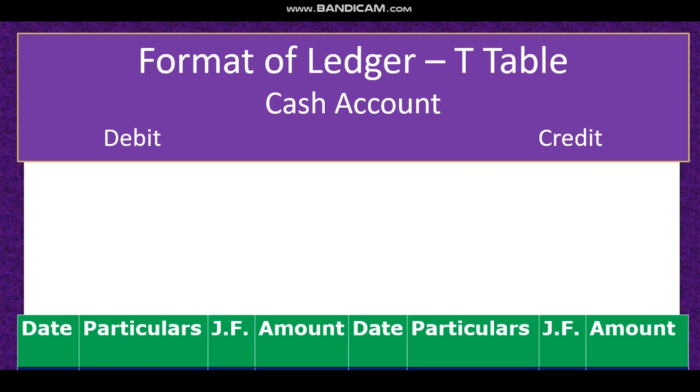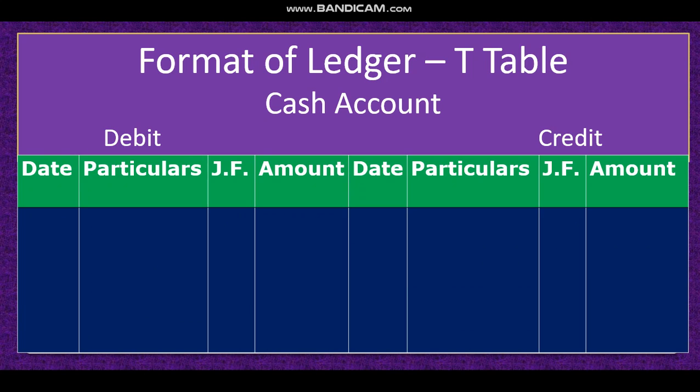In T-table format, how many columns are there? 1, 2, 3, 4, 5, 6, 7, 8 columns. In the debit side it is 4 columns, in the credit side it is 4 columns. In the exam it will come: how many columns in T-table format? We have 8 columns. Inshallah, next class we will show you how to fill up this ledger format.